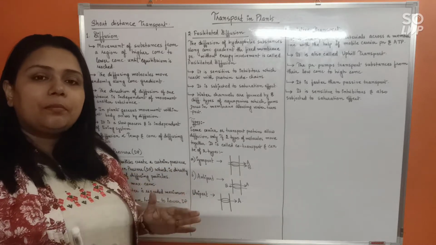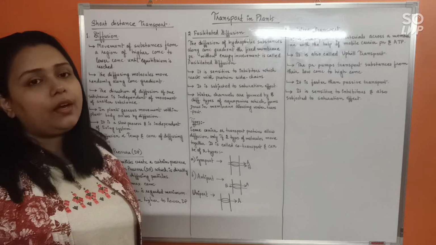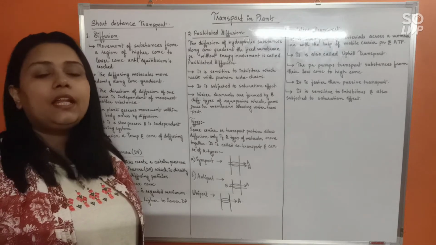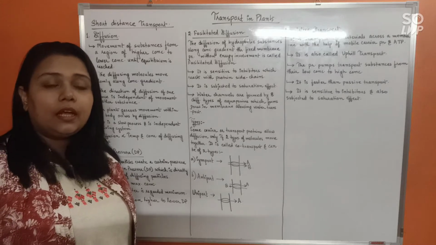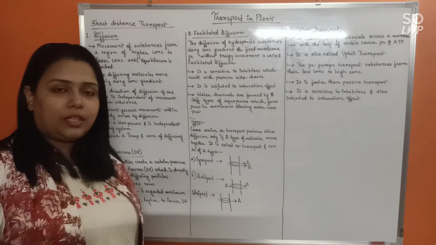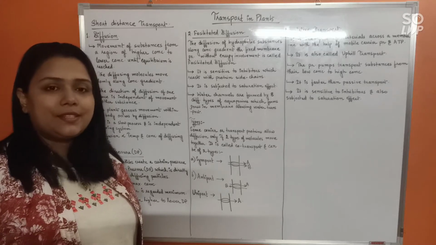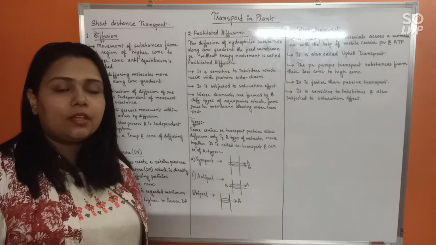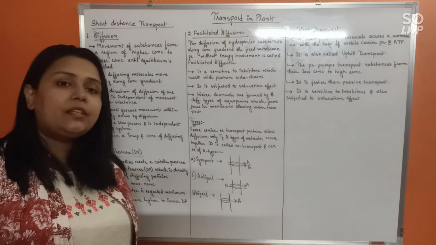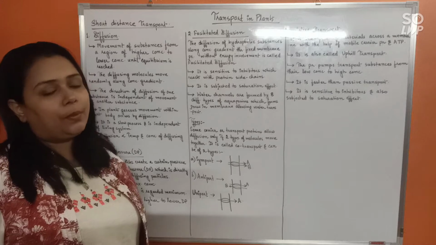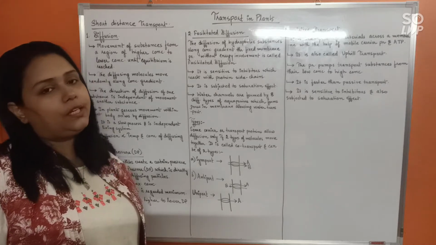So this is a simple example of diffusion where the sugar molecules move from higher to lower concentration until an equilibrium is reached, right? So in this example, did you see any kind of living cell or living membrane present? No, right? So that means diffusion is a process that can occur independent of the presence of a membrane, independent of a living system.